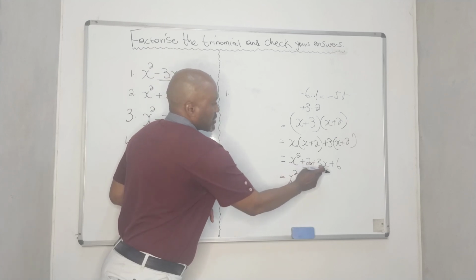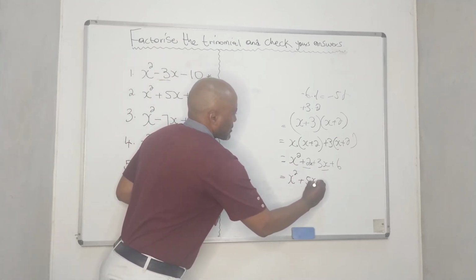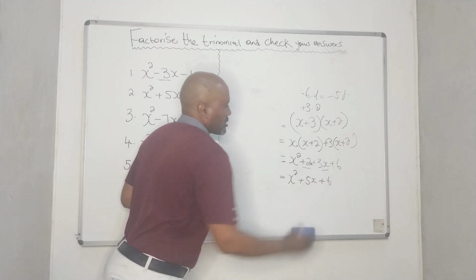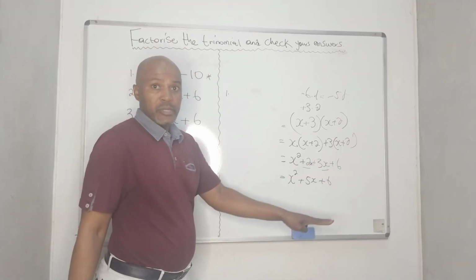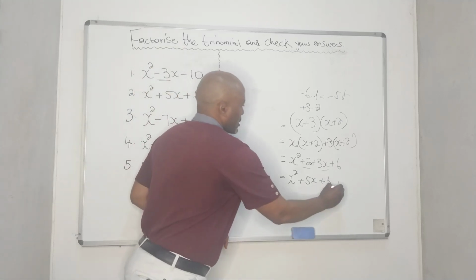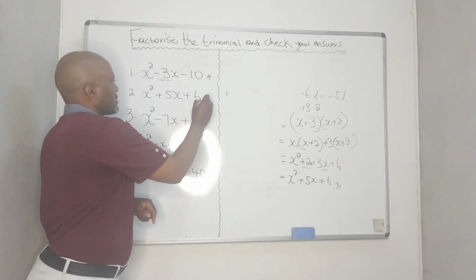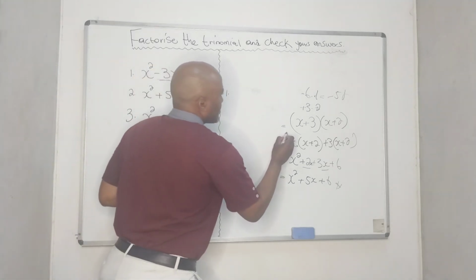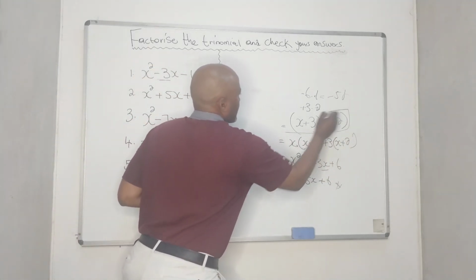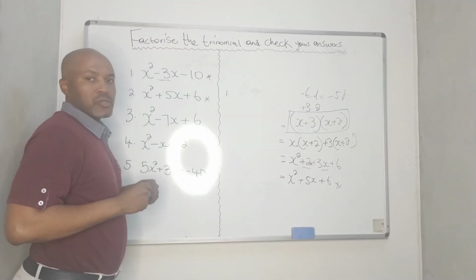So 2x plus 3x, the answer is 5x plus 6 as well, which has got nothing to add with. So you can see that this as well is the same as that, meaning the two terms, the two factors here are correct.